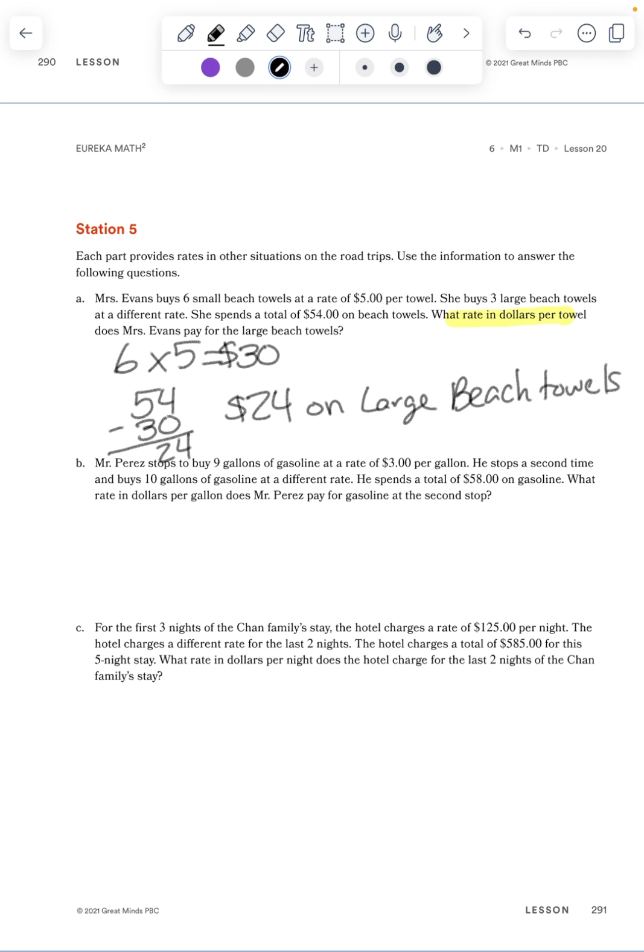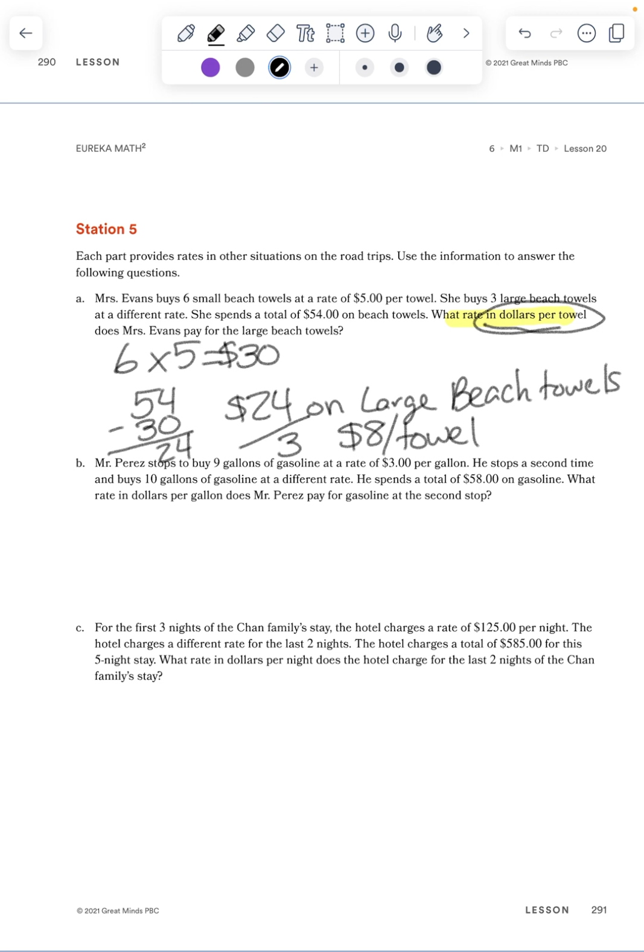But our answer wants it in dollars per 1 towel. And we know that she bought 3 large beach towels. So we need to take the total that she spent on large beach towels and divide it by 3 so that we can find the price of 1 beach towel. So $24 divided by 3 towels would give you a rate of $8 per towel. So that's how much she spent on the large beach towels.